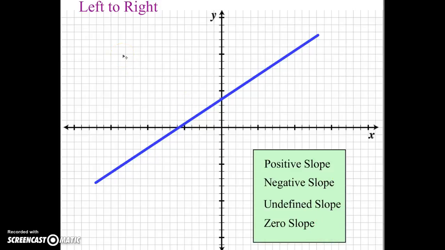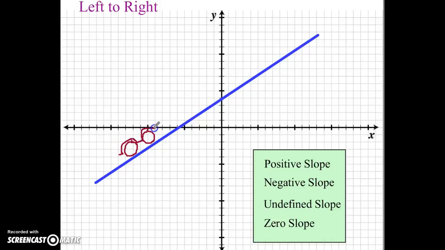And when you're reading a graph, it's important to remember that we are going to be reading from left to right. So we want to make sure as we're looking at this line, we look from left to right at the direction of that line. And if you picture yourself as being in a car traveling on this line, so here is my car.